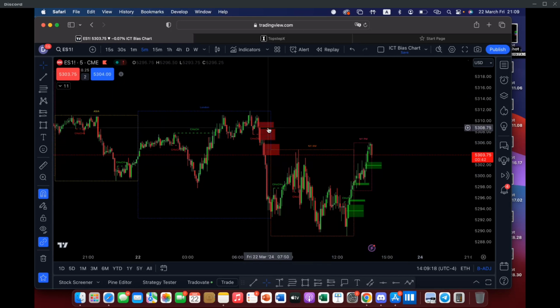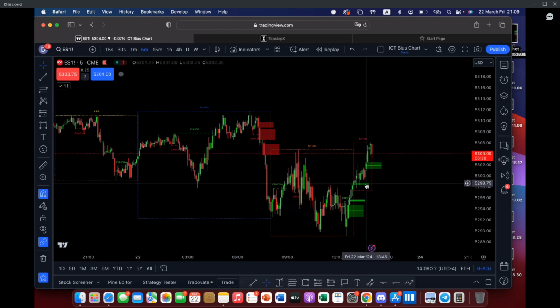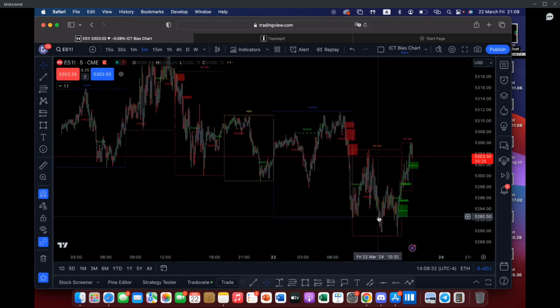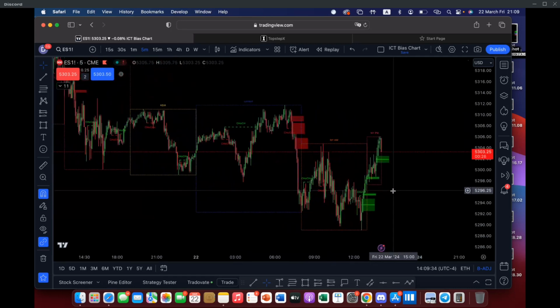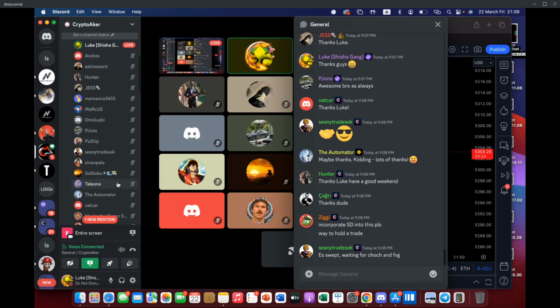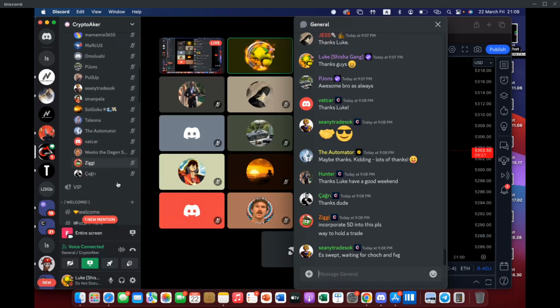That FVG will protect you from going much against your position, and you can ride it down to the swing lows, or the premium session low, which is your maximum optimal, ultimate terminus where you should be closing your trade. Anything longer than that becomes out of bounds, right? Okay, so that is about ES.